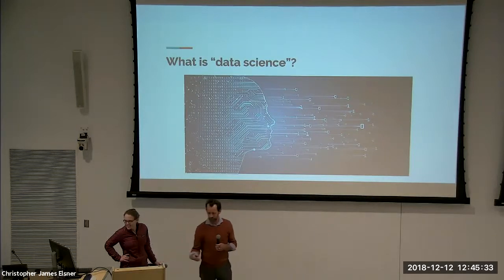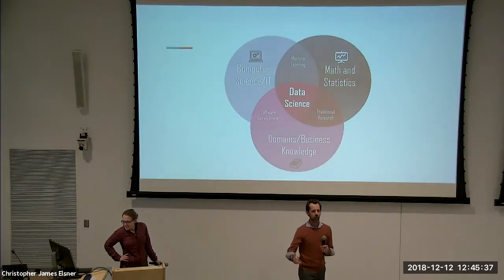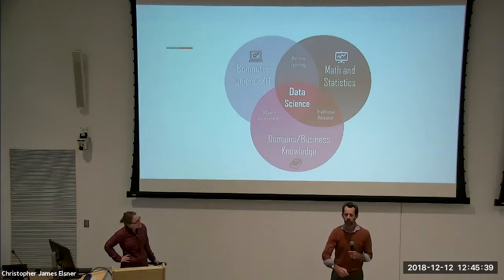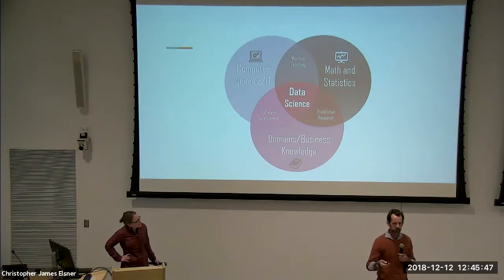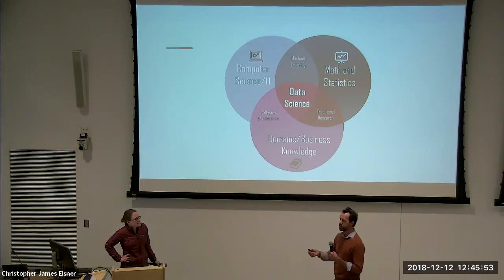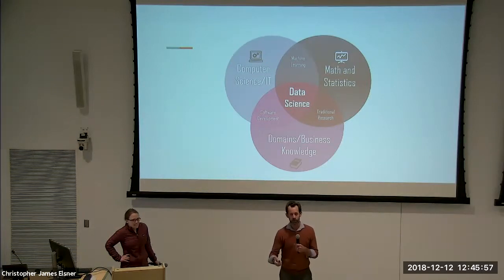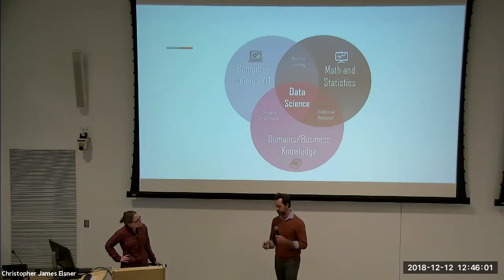So, as I said, there's lots of different definitions for data science, but one of the more common formal definitions is data science is the intersection of applications and techniques from mathematics and statistics combined with computer science to apply to domain questions. And domain questions are areas like business, biology, astronomy, chemistry. So it really is a multidisciplinary intersectional endeavor.